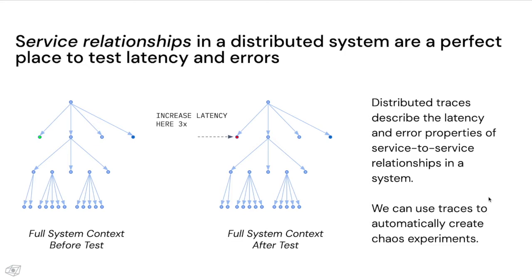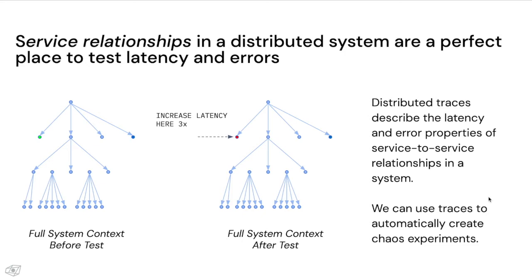And one really important thing about observability telemetry, and one thing that makes it pretty interesting with traces in particular, is because traces show service-to-service relationships. So in this case, we have an abstract diagram here of this service calls this service calls this service.